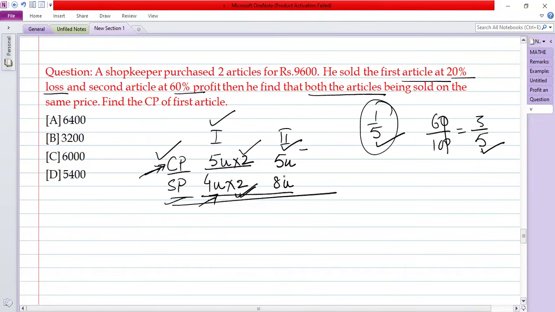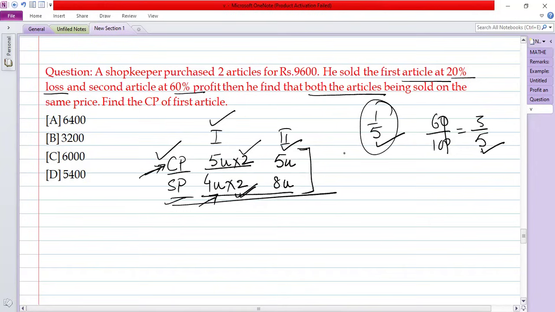And now there is a slight change here. Actually, in the previous two questions, the total loss or total profit was given. Here, nothing such is given, neither the total loss nor the total profit in the whole transaction.